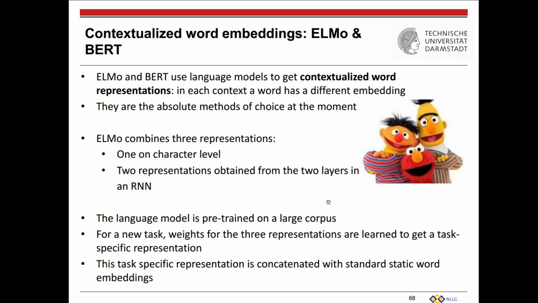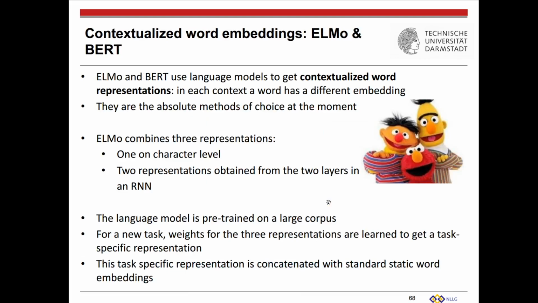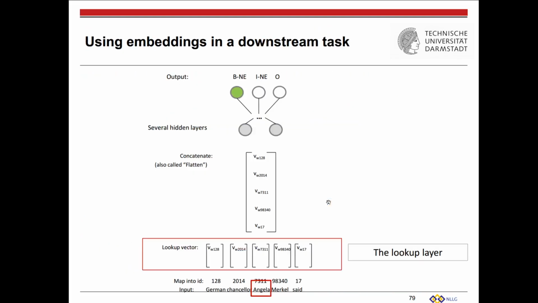Good. So this is still all the bad old days with the classical word embeddings. And then in 2018, actually, but let's take another slide first. So, in a classical sense, how would we treat word embeddings?